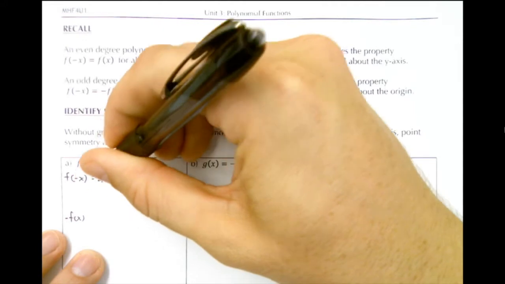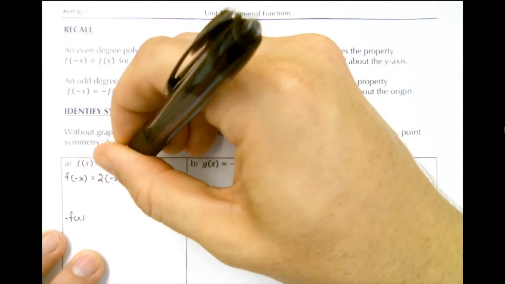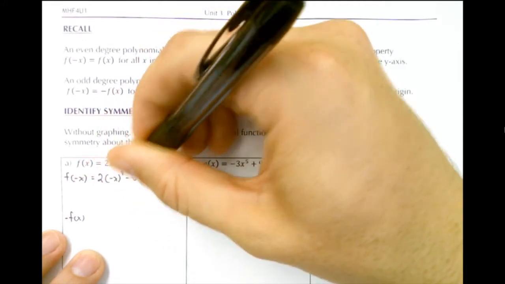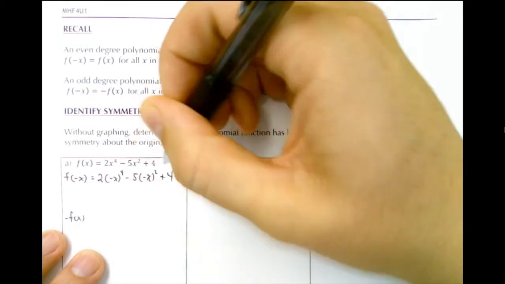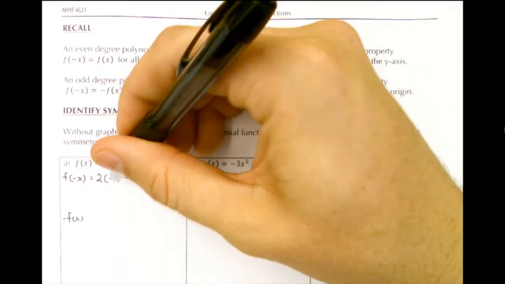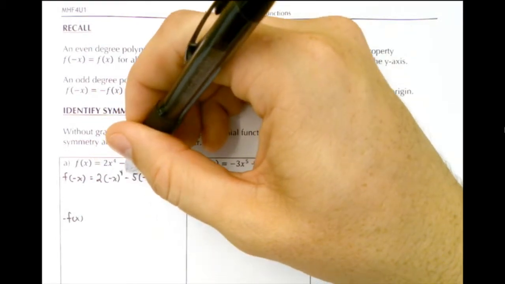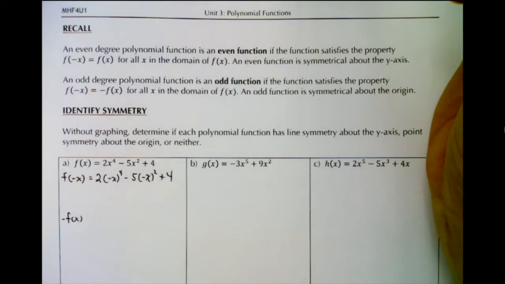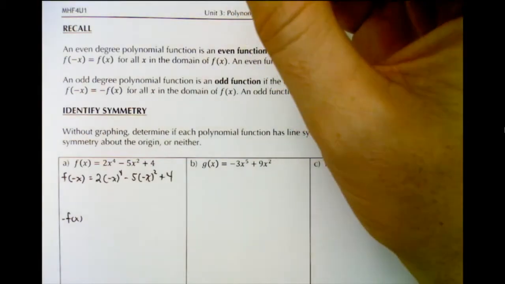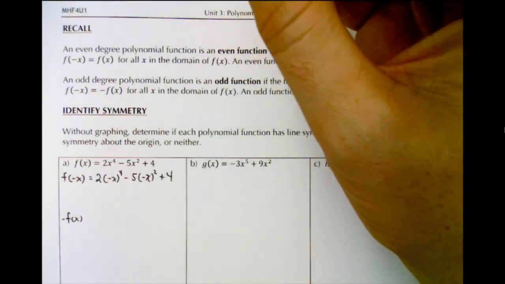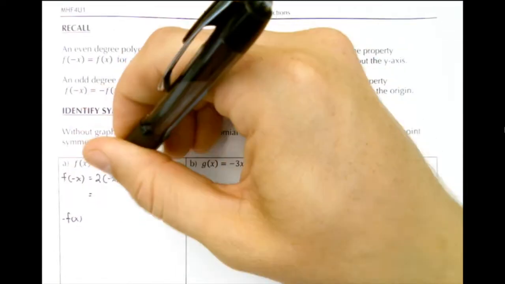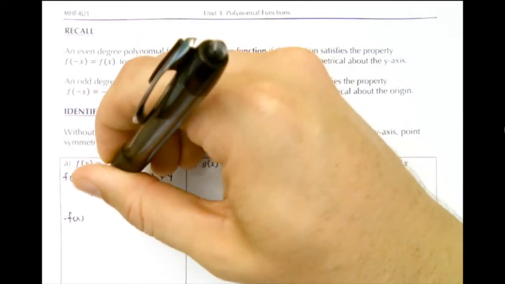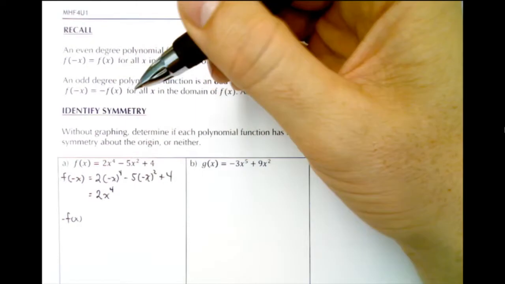So that would be 2 times negative x to the exponent 4 minus 5 times negative x squared plus 4. And if we raise negative x to the exponent 4, that'd be 4 negative x's being multiplied, which would make 2 pairs of negative x's, and negative x times negative x is positive x squared. So this would simplify to 2x to the exponent 4.